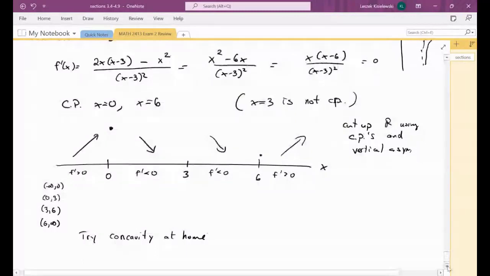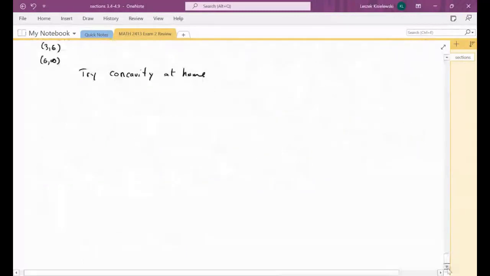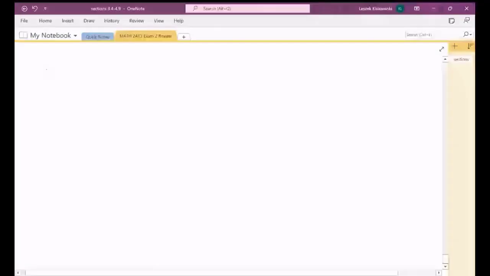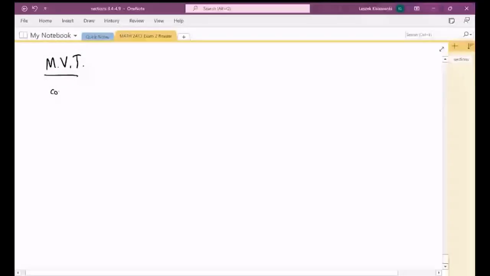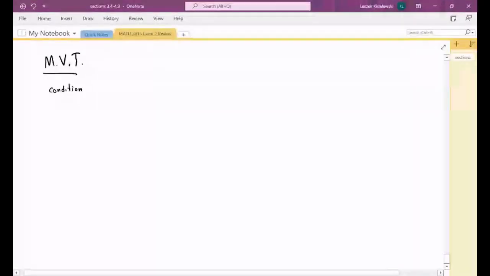All right, so what are the conditions for using mean value theorem? Or the most valuable theorem, right? Okay. Mean value theorem. What are the conditions that need to be met before the mean value theorem even applies to a situation? Continuous on bracket a to b bracket. Yeah.